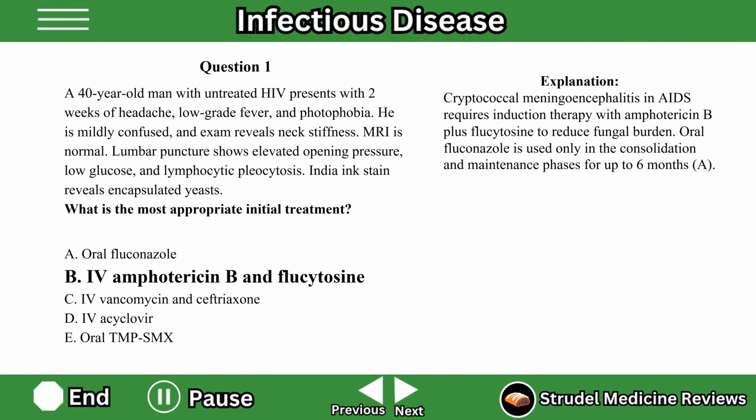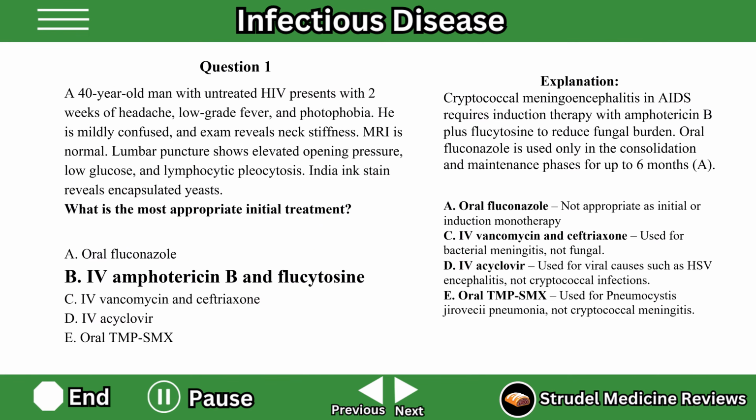Treatment of cryptococcal meningoencephalitis requires IV amphotericin B and flucytosine initially for the induction therapy. After the initial induction therapy, you can transition to fluconazole for up to 6 months for the maintenance phase of treatment. But initially for the induction therapy, you need IV amphotericin and flucytosine.